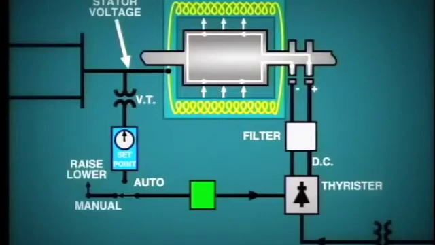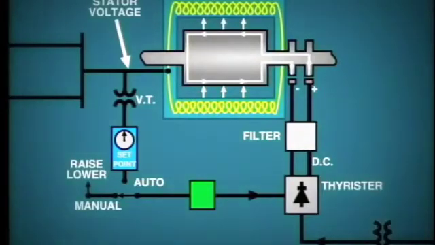DC current from the rectifier is supplied to the rotor winding through collector rings on the shaft. The incoming AC to the rectifier is supplied from a dedicated transformer. The primary side of this transformer is fed from an auxiliary bus, or in some cases, the generator bus itself.